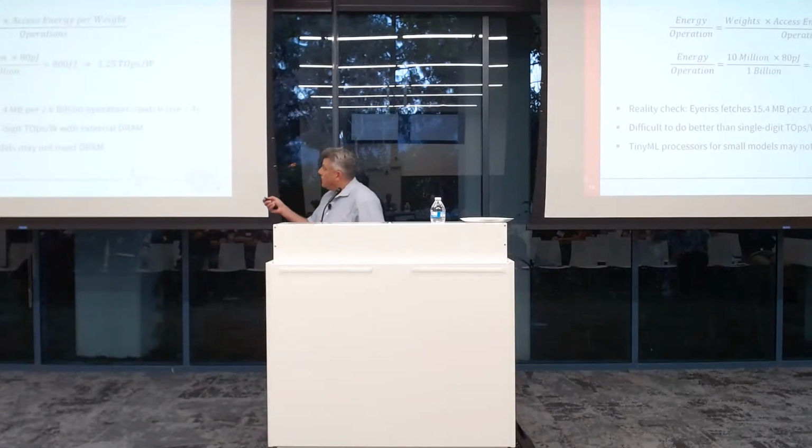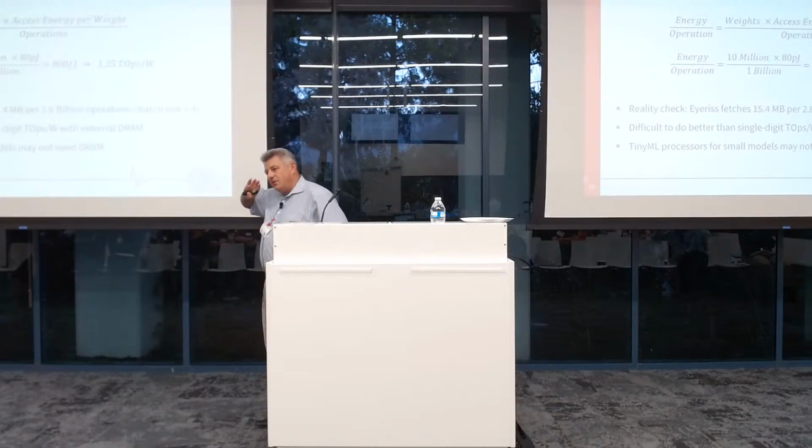And so we can make a calculation based on this that basically says my asymptote on energy per operation, if I considered only DRAM, nothing else, what would it be? Well, weights times access energy per weight, and then that gets amortized by the number of operations I do with these weights. So for example, this is just a rounded example here.